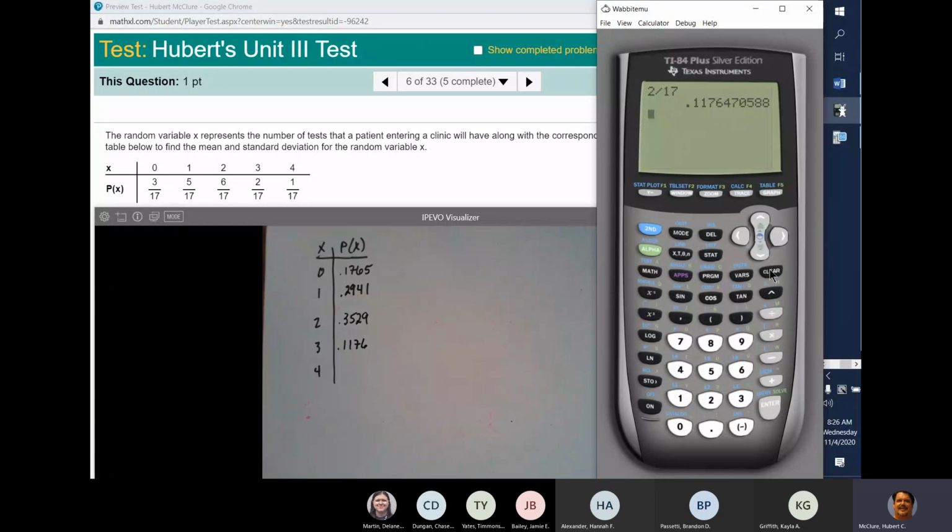And the last one, 1 divided by 17 is 0.0588.